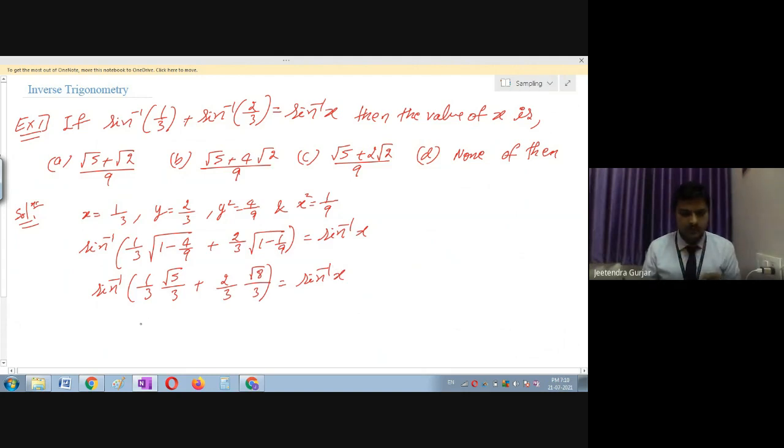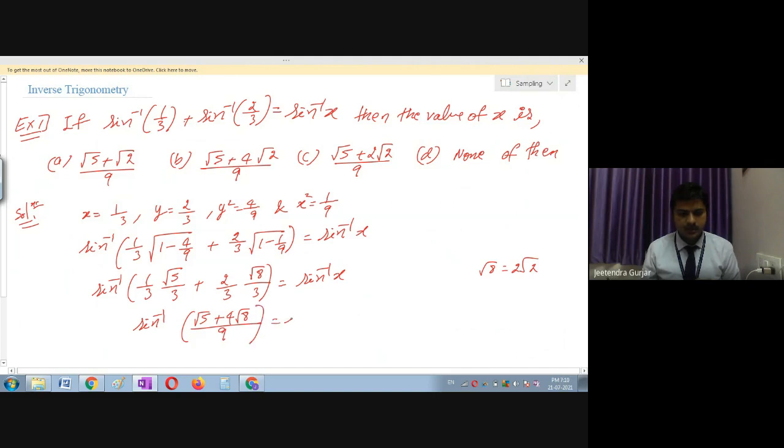You find I will solve this in 1 minute. So this is sine inverse root 5, take the LCM. You can take out square root 8, you can easily write this as 2 root 2. So 2 into 2 will become 4 root 2 upon 9.